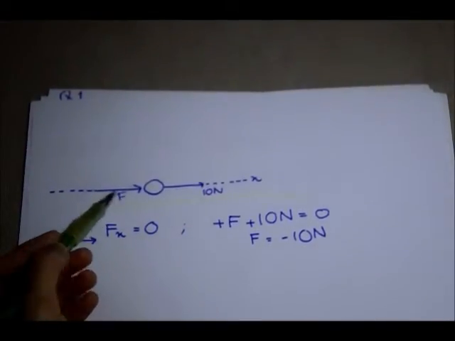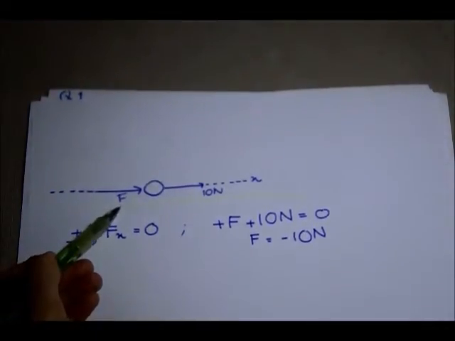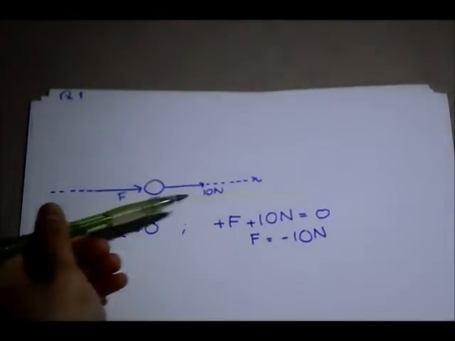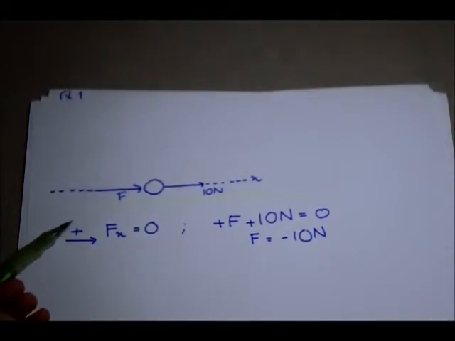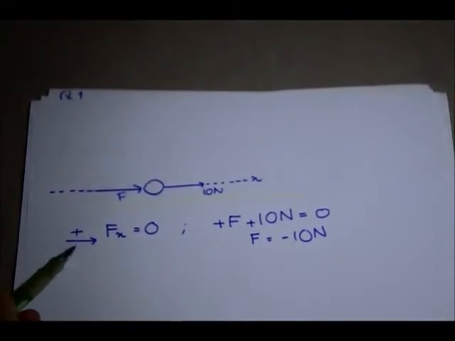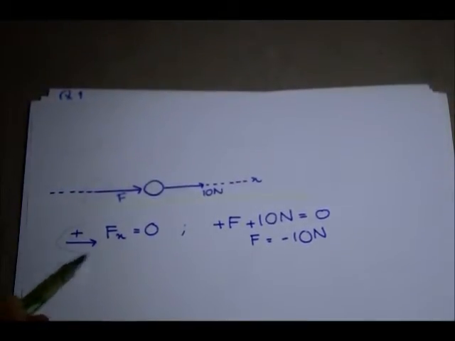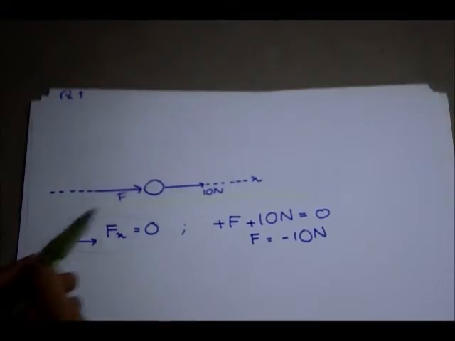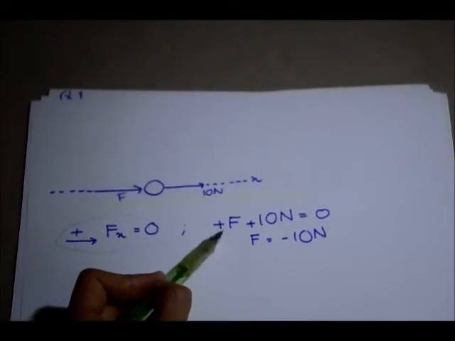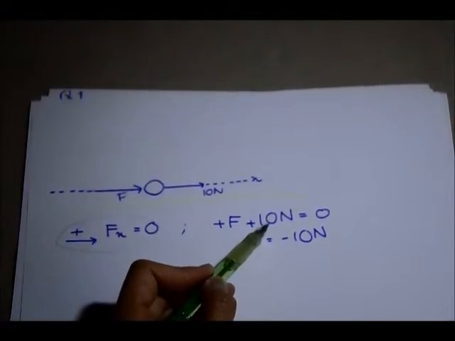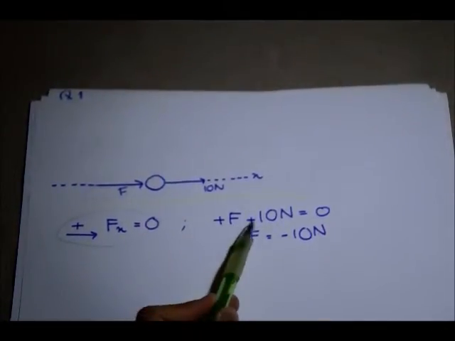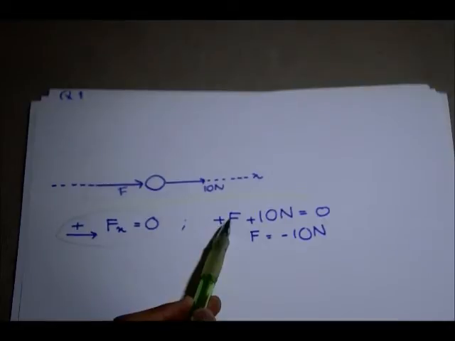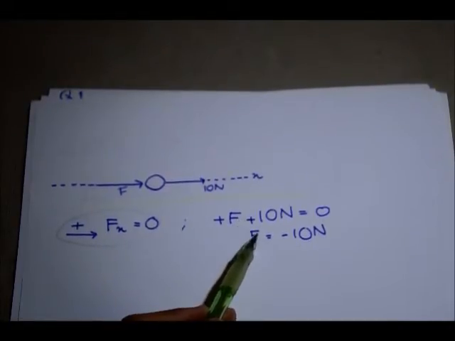Here, it is assumed that the unknown force F acts to the right in order to maintain equilibrium. By applying the equation of equilibrium along the x-axis, the summation of forces in the x-axis is equal to 0. Therefore, positive F plus positive 10 Newton is equal to 0. Both terms are positive since both forces act in the positive x direction.